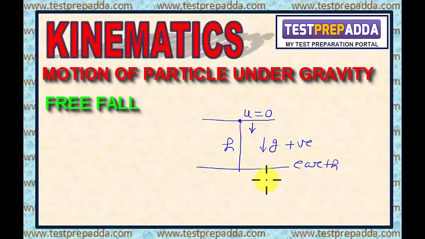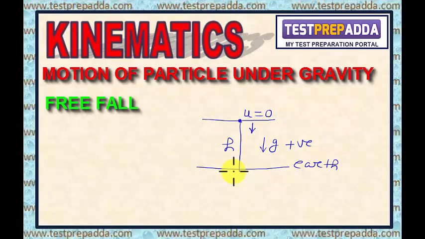Dear students, please note that the height h should be very small as compared to the radius of the earth, and that is 6,400 kilometer. And this is required if we want to take g as constant. Got the idea?